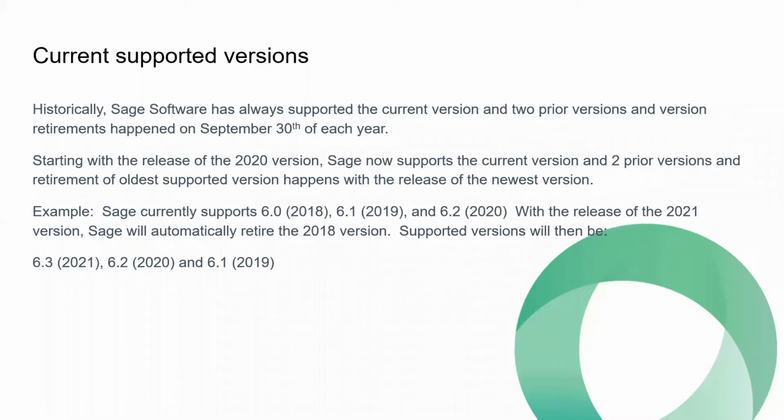So if a new version was released on May 1st, that oldest version was still supported until September 30th. Starting with the 2020 version release, they still support the current version and 2 versions back, but the oldest version drops off as soon as that new version is released. So you don't have as much of a time frame there as you did before.